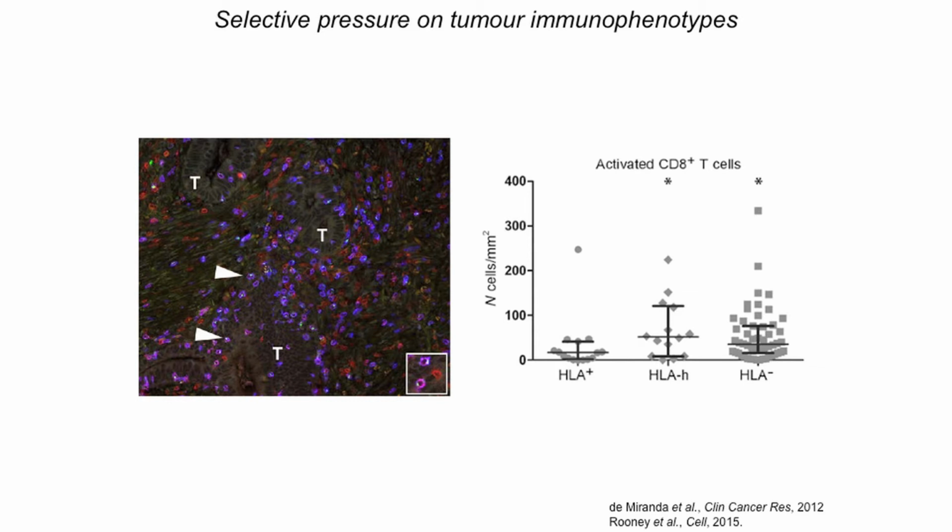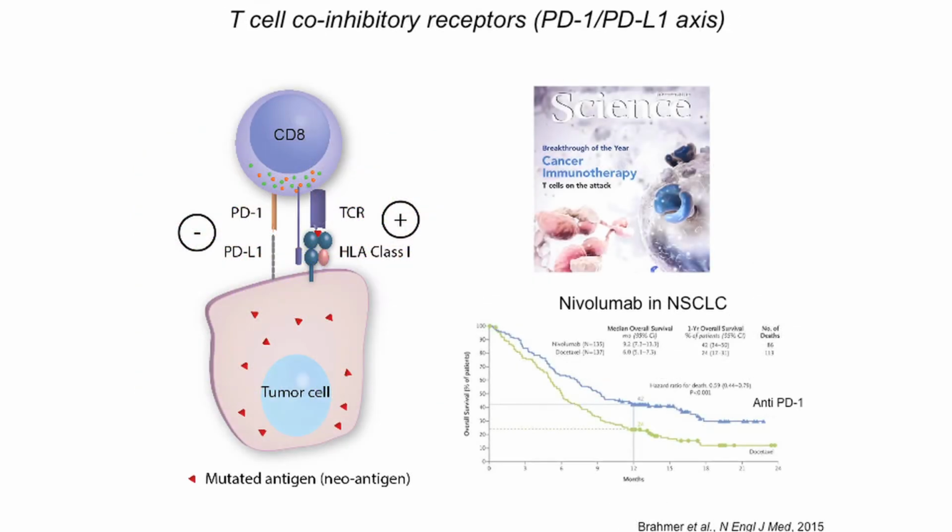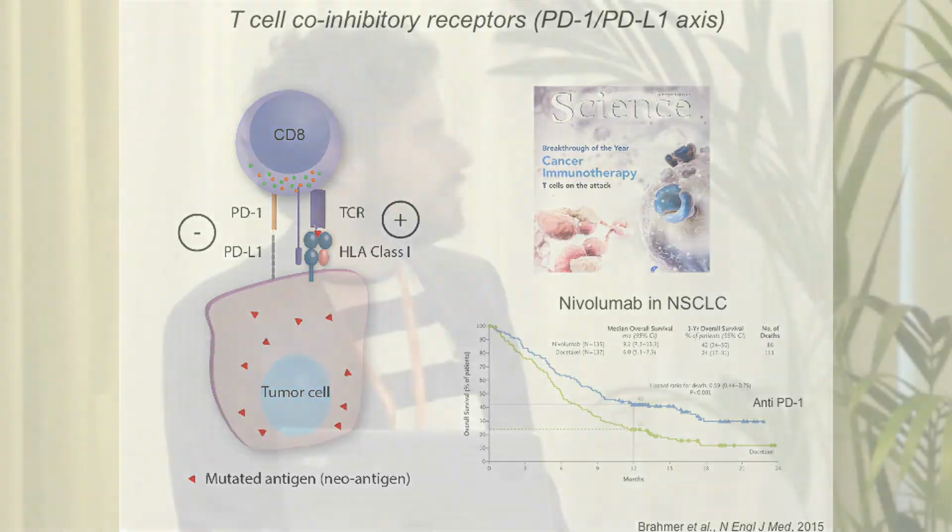There are other factors that appear to be correlated with the response to anti-PD-1 or PD-L1 therapy or other immune checkpoints, and those are pre-existent immune response. You do need to have a T cell there that is already recognizing an antigen in principle for anti-PD-1, PD-L1 therapy to work.